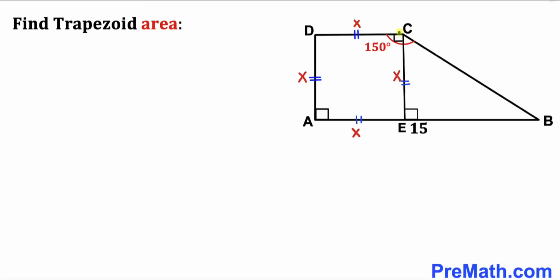Now let's make an observation. We can see that this angle is 90 degrees and this whole angle is 150 degrees. So our remaining angle is going to be 60 degrees. We know this angle is 90 degrees, so this angle has got to be 30 degrees, since the sum of these three angles must be equal to 180 degrees.